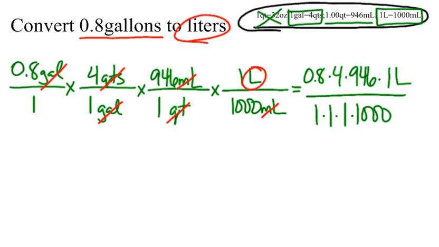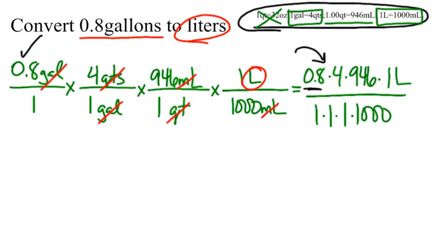Now, when I do this multiplication, 0.8 times 4 times 946 times 1, I need to employ the sig fig rules because I used 0.8, which is my beginning number, and I need to pay attention to sig figs there.